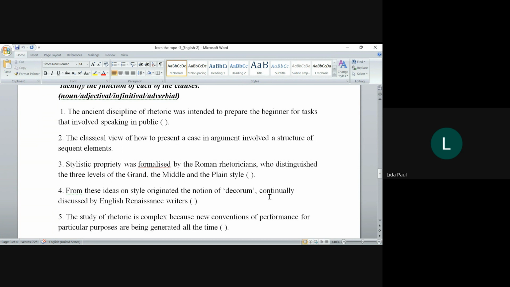But if you use "how to present a case in argument," then you can do "the classical view of something involved a structure of sequent elements." Yes, as opposed to "a classical view of how to present a case in argument involved." That is also possible, actually.